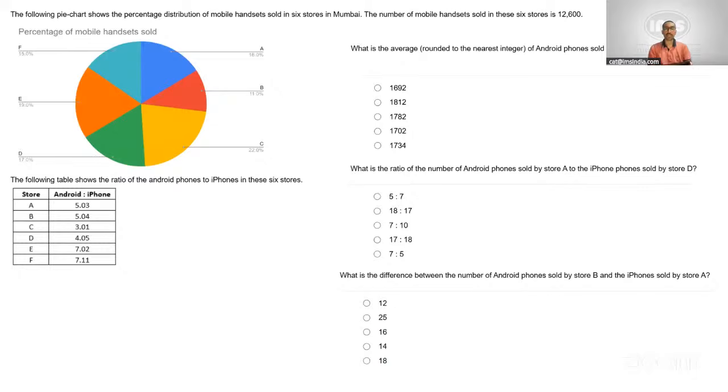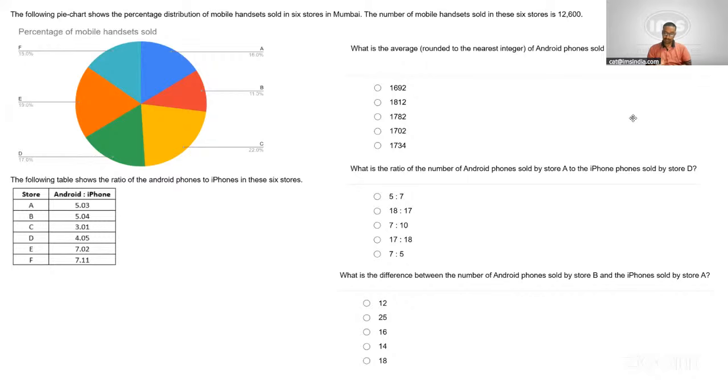Pie chart shows the percentage distribution of mobile handsets sold in 6 stores in Mumbai. The number of mobile handsets sold is 12,600, and I have all fairly easy percentages. The table shows the ratio of Android to iPhones in these six stores. The ratio is 5.03, 5.04. Okay, two decimals. So Android, iPhone, that is a lot of work anyway. So, okay, I will try this out.